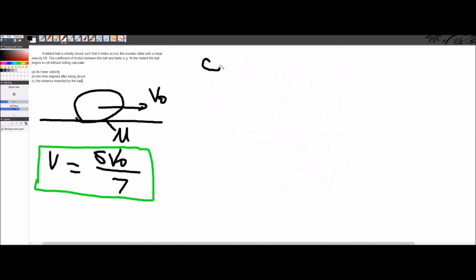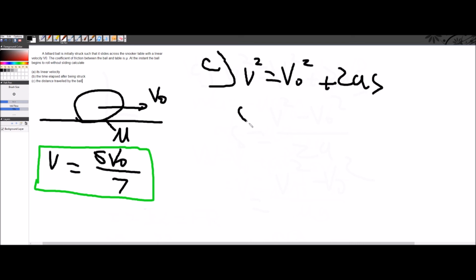For part C, you want to find the distance traveled by the ball. So we can use the kinematic equation v squared equals v naught squared plus 2as. We know acceleration and v, so we can isolate for s. We get s equal to v squared minus v naught squared over 2a.